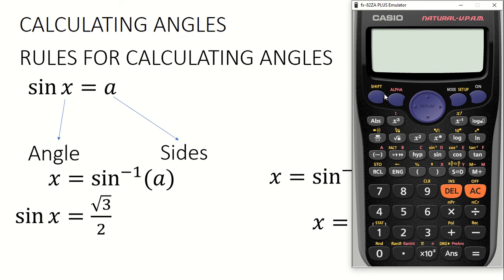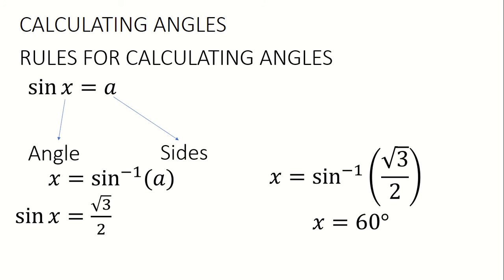Press shift and then sine. So you will have arc sine, or the inverse sine, and a fraction. The numerator will be square root of 3, the denominator will be 2, close brackets, and equal sign. You will get 60. So x is equal to 60, but because it's an angle, that 60 will be in degrees.